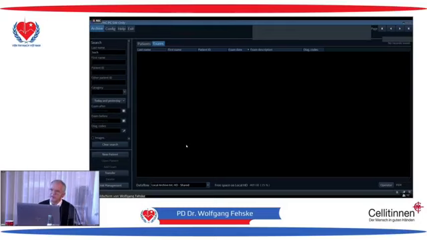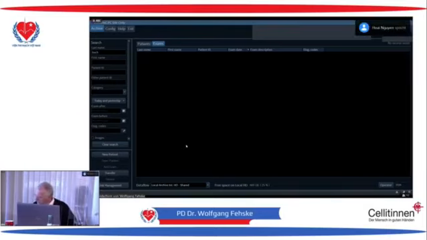So the strain of the free wall, this is what we should always measure. Strain of the free wall of the right ventricle is one of the parameters. Okay? So thank you so much.